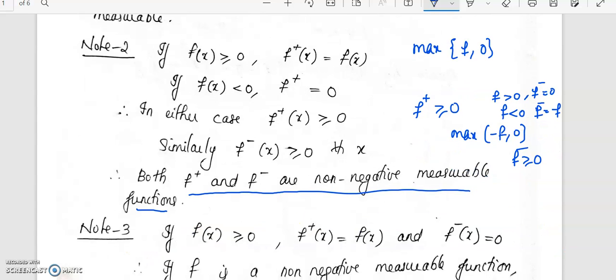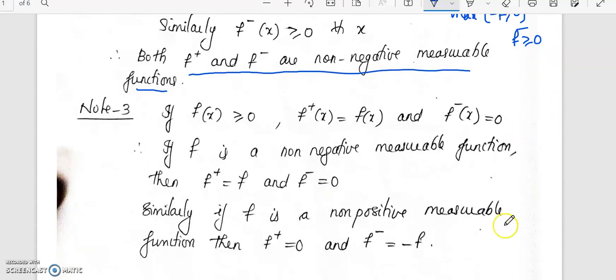So f plus and f minus are non-negative measurable functions. We have seen the properties of non-negative measurable functions.